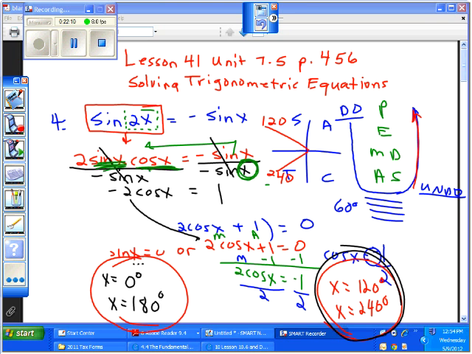Well, I would go back and say this has a sine x something, and this has a cosine x something. And I really need to find out what sine x is. I need to find some sine x answers, and I need to find some cosine x answers. And so if I solve and I wipe out my sine x, I'm going to miss something. You just kind of get to knowing that.